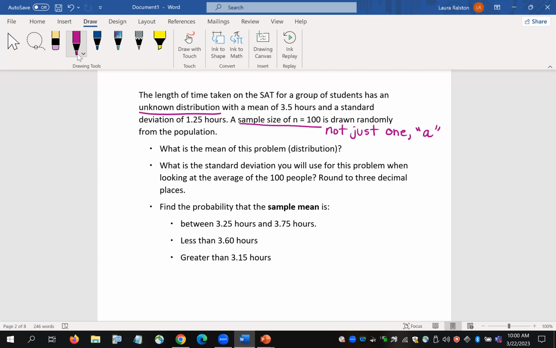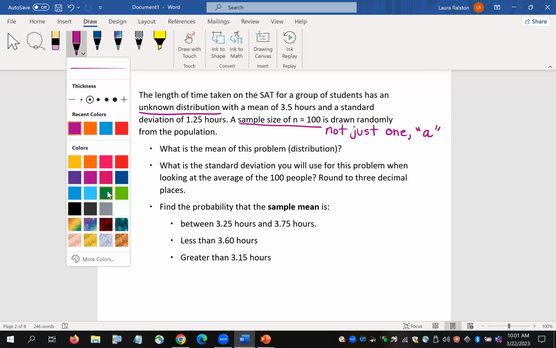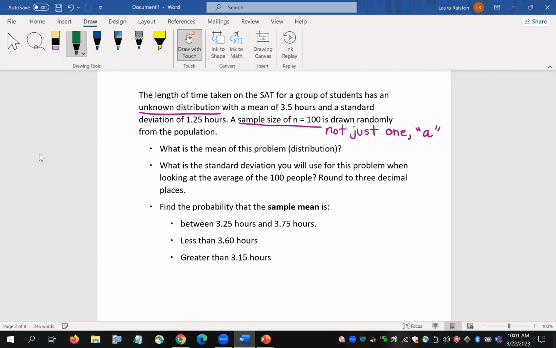Well, in this scenario, we're going to select 100. So the fact that I have an unknown distribution and that I'm going to select a group, not just one, is my clue that I want to apply the central limit theorem.